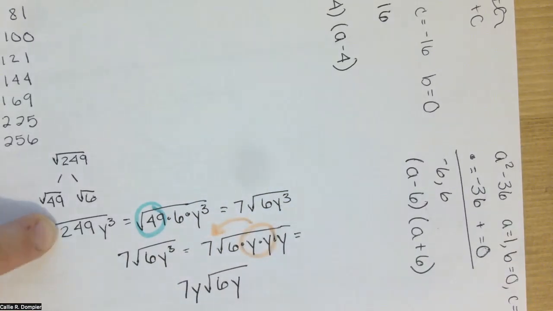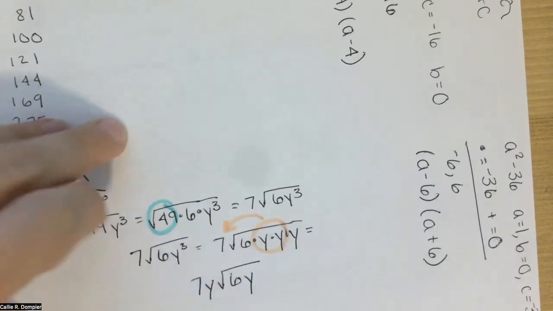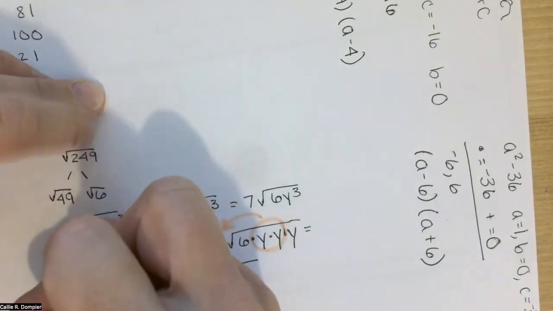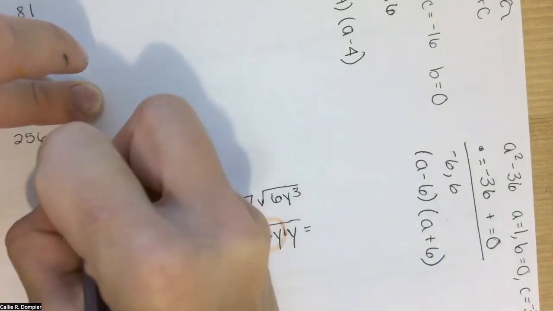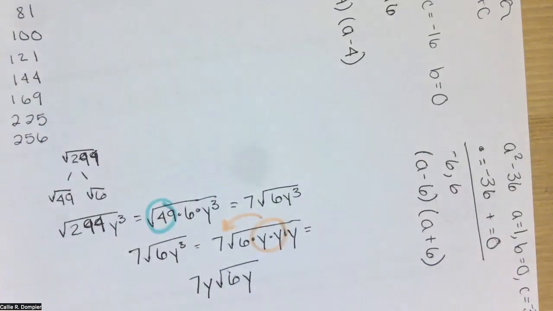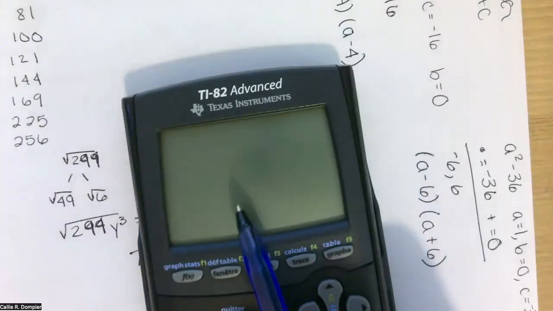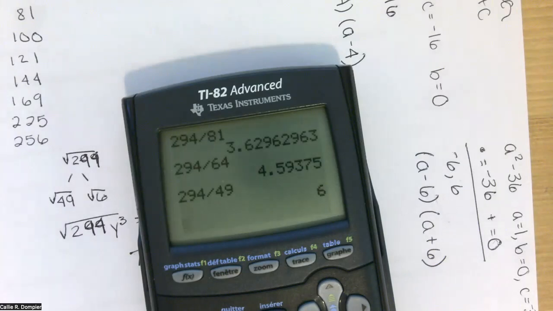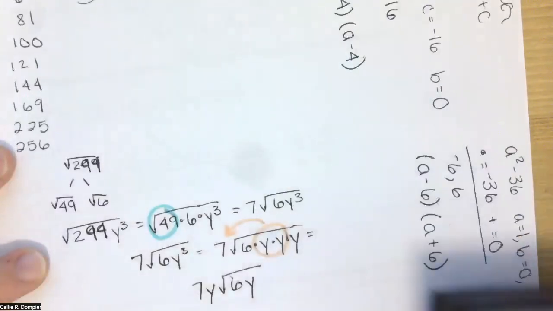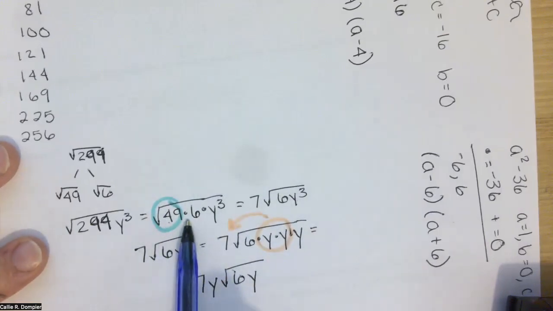Because I took the 249, sorry, I didn't write it right, 294. I'm supposed to start with 294, sorry. 294 divided by 49 is 6. So 294 becomes 49 times 6.